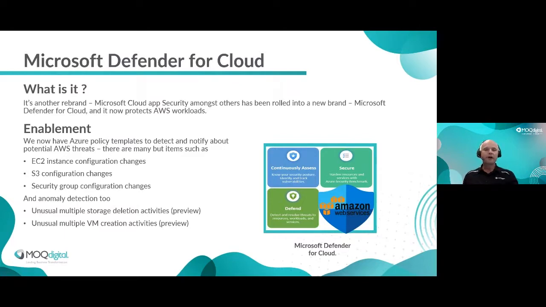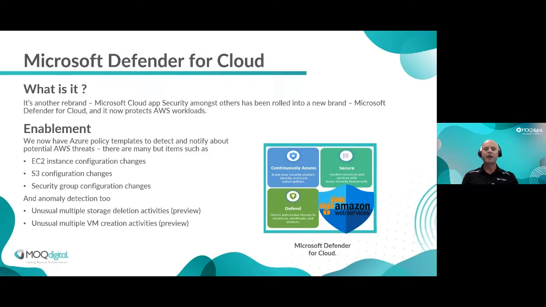Out of the box, there are a ton of different things that Defender for Cloud can pick up on. Things to keep in mind: it can now recognize EC2 instance configuration changes, things like security group configuration changes, and it does anomaly detection as well.